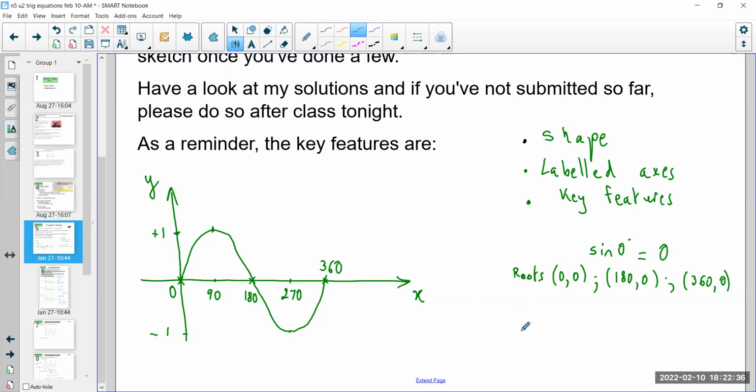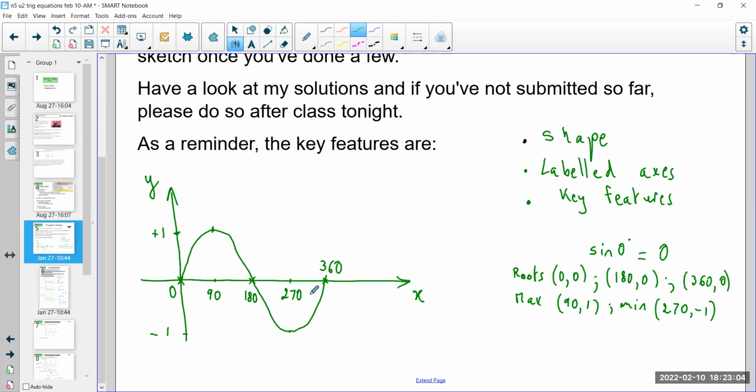So those are my roots. And my max is at 90, +1. And the min, 270, -1. So basically that's us. We've just drawn a sine x wave.